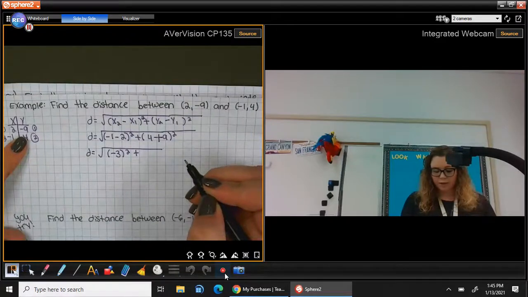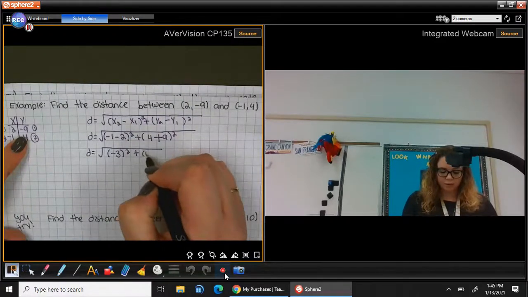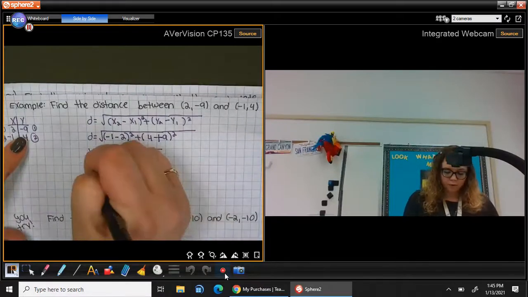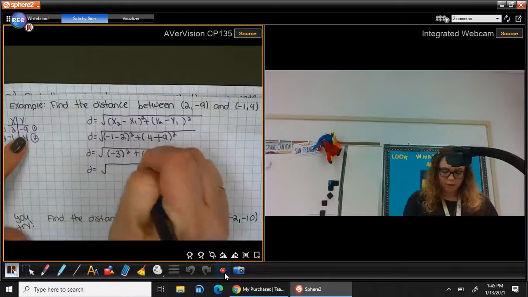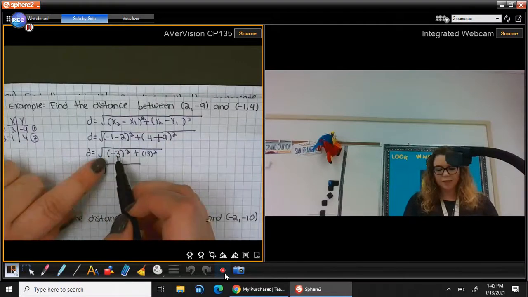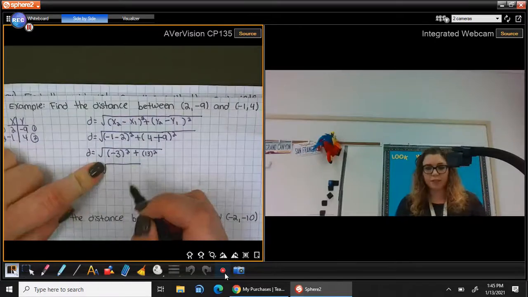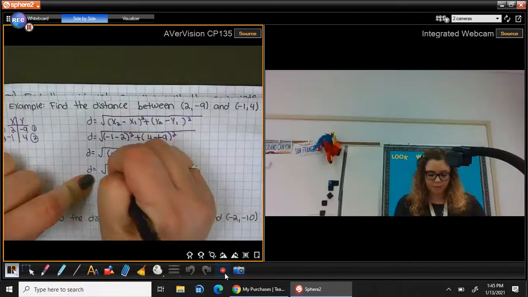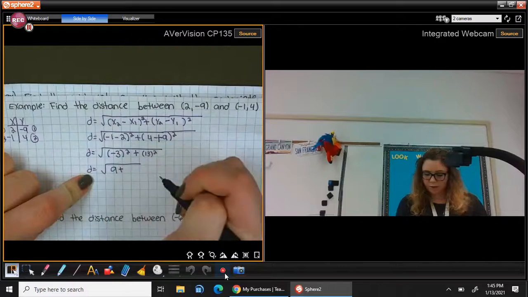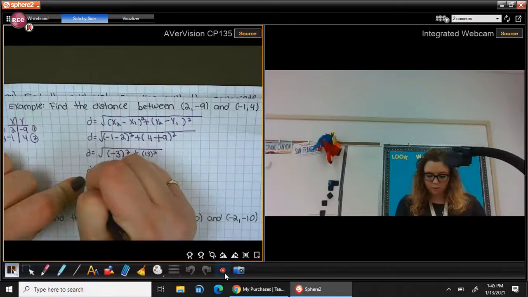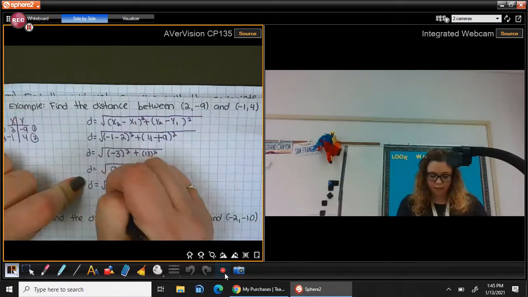So 4 plus 9 is going to give me 13 squared. Not done yet. -3 squared, since the negative sign is inside the parentheses, -3 times -3 is going to give you a positive 9. Plus 13 squared is 169. So the square root of 178.